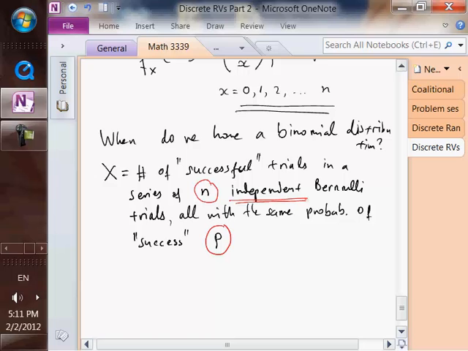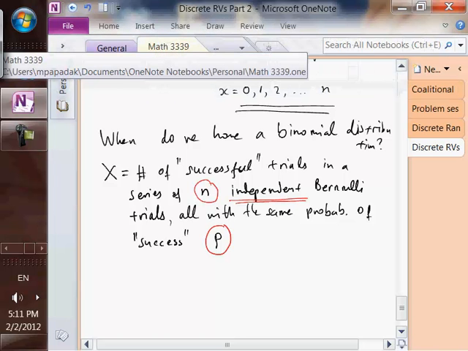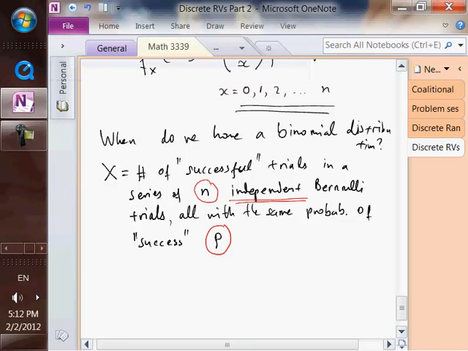And when do we have that? Typical example, coin tossing. We toss a coin 200 times. That's my n, 200. Each time you toss the coin, the result does not depend on the outcomes of the previous ones. Therefore, the trials are all independent.